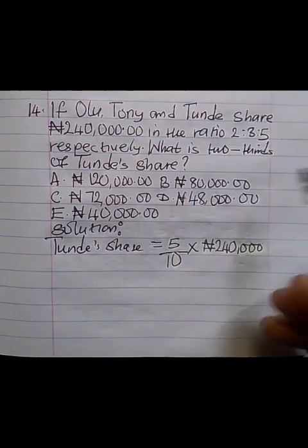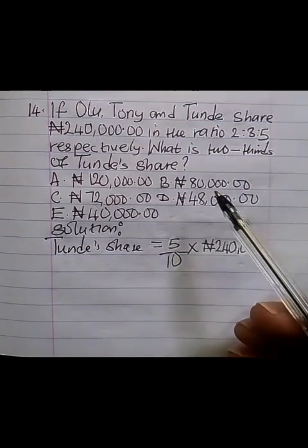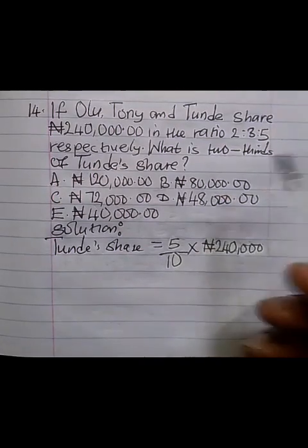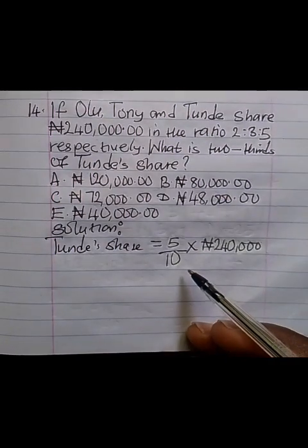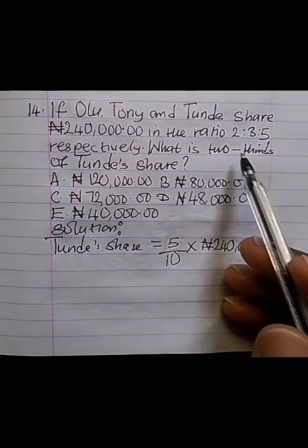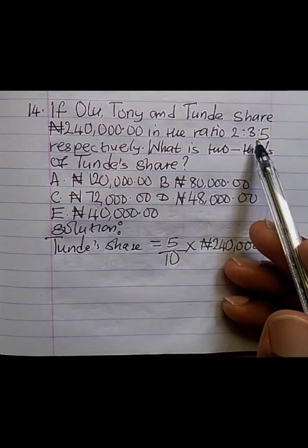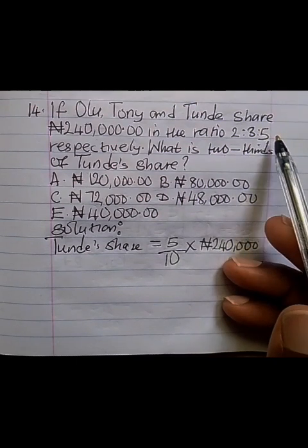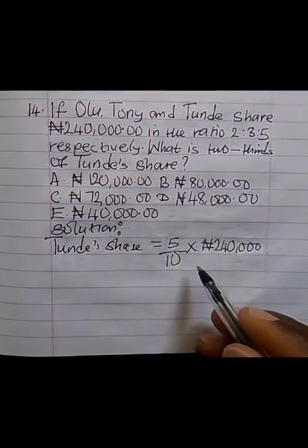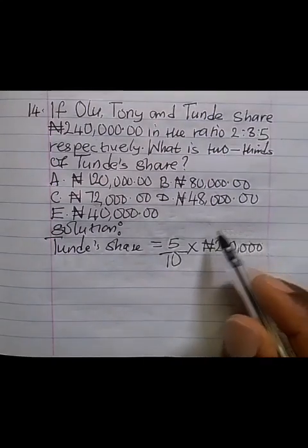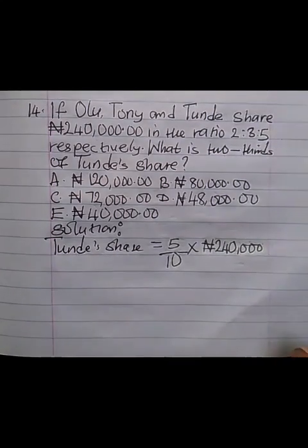Anytime we are sharing using ratio, the denominator of the fraction is always the sum of the ratios. So 2 plus 3, that is 5, plus 5, you have 10, times the amount of money to be shared.